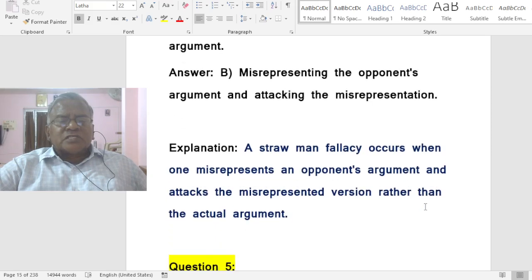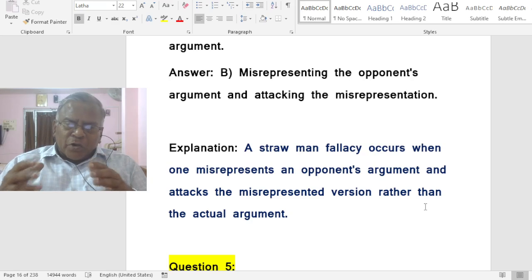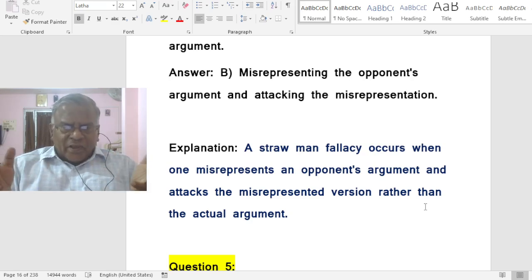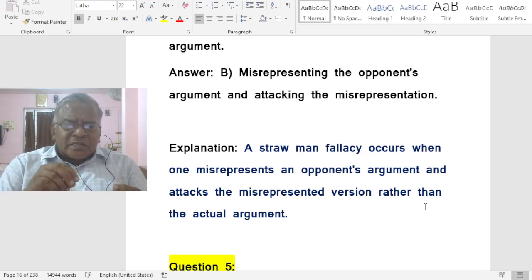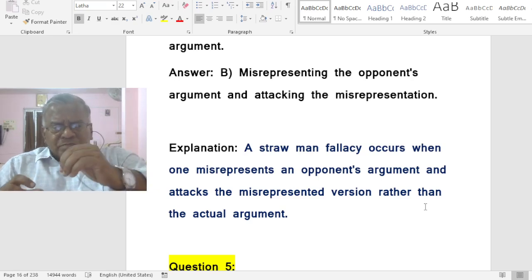That is, misinterpreting the opponent's argument and attacking the misrepresentation. See, the opponent is saying something. The person who hears that misinterprets that, right? Then, after misinterpreting, taking that misrepresentation as true, he attacks the misrepresentation.